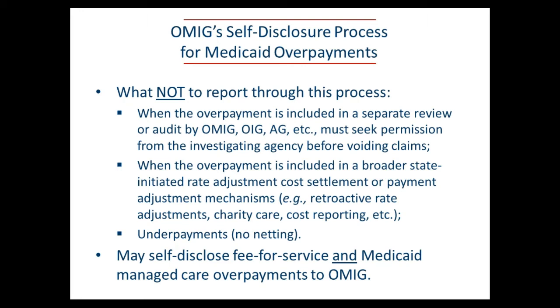There are also some things that you should not report to the Office of Medicaid Inspector General. One is if you're under investigation. Are you under a separate audit by the OMIG? Are you under audit by the DOJ, the OIG, the Attorney General's Medicaid Fraud Control Unit? If you're under an audit, you shouldn't just willy-nilly submit all the money back and hope that will resolve the issue.